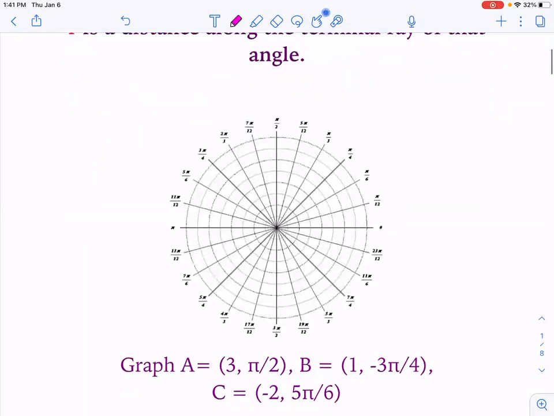So if I wanted to graph 3 pi over 2, then I would rotate here to pi over 2, but then I would move from the pole 1, 2, 3.